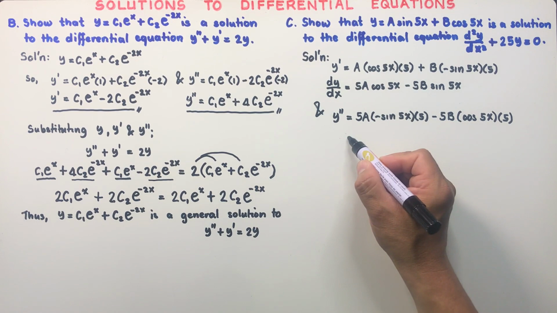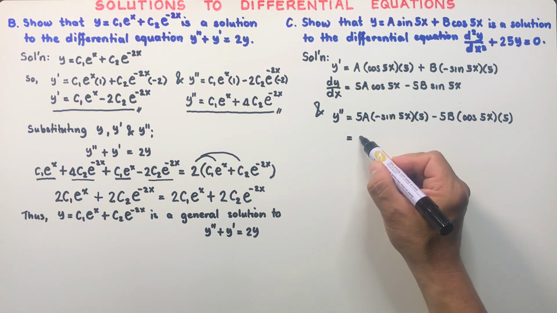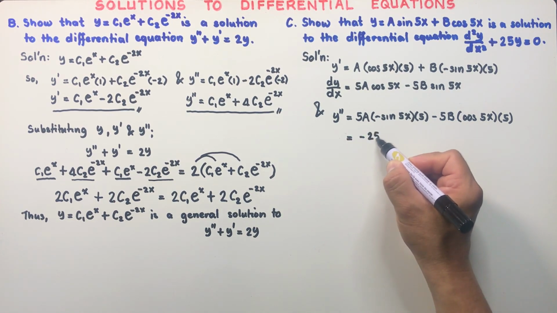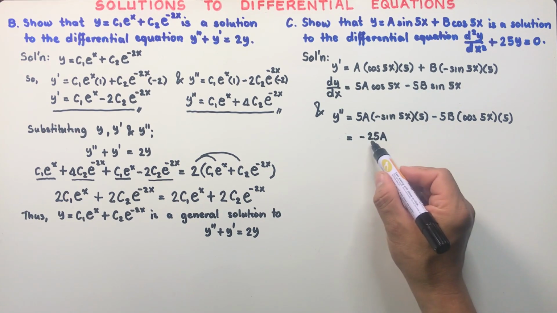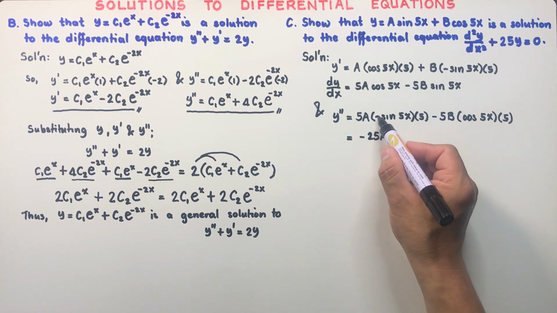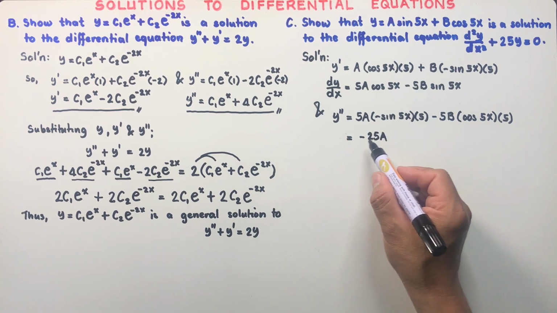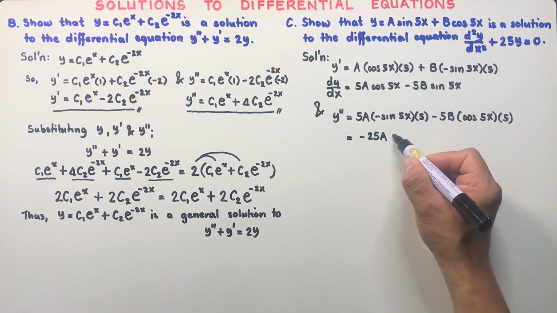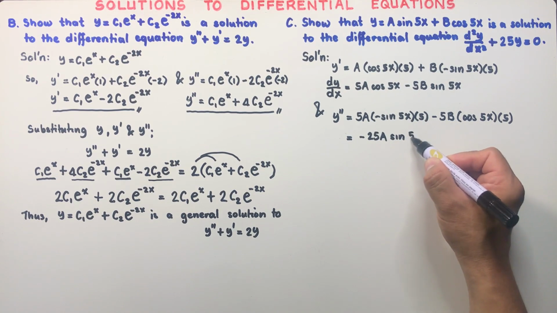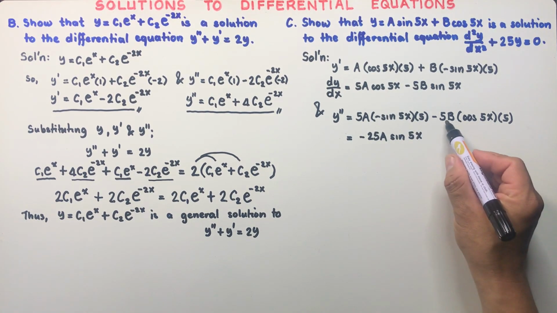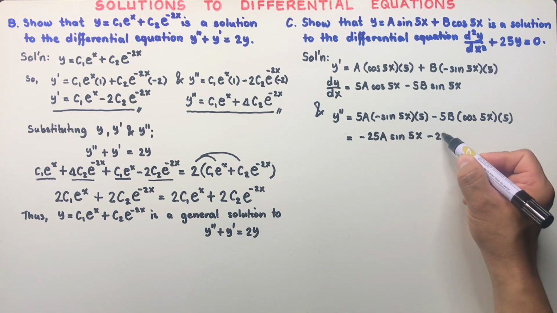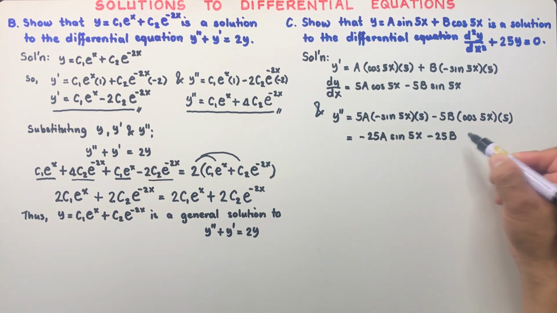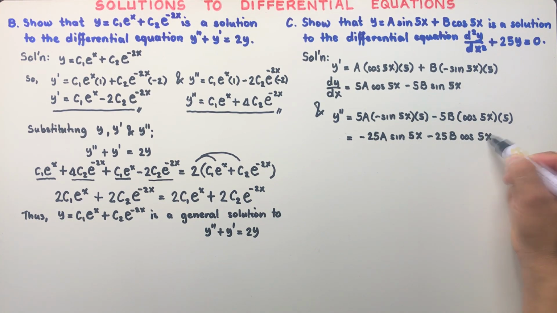Now, simplifying this one, we have negative 25a, because 5a times 5, that's 25a, but we have a negative here, so that is negative 25a sine 5x. And then we have negative 5b times 5, so we have negative 25b cosine 5x.